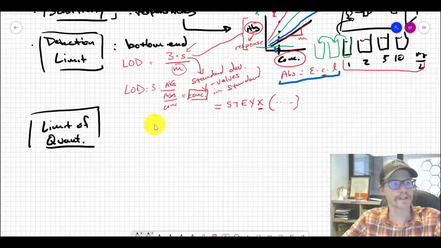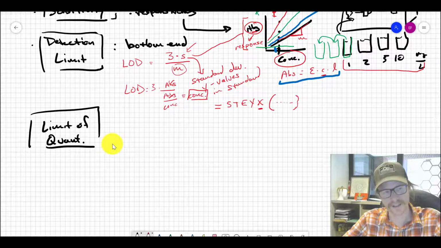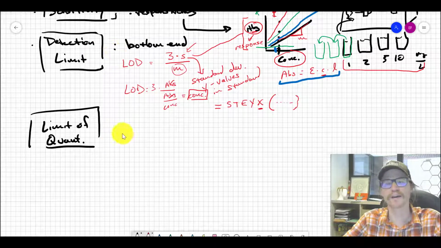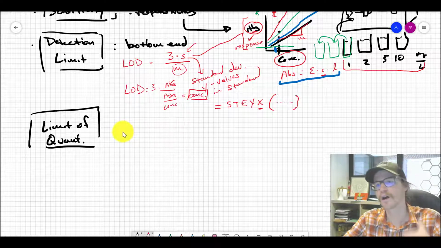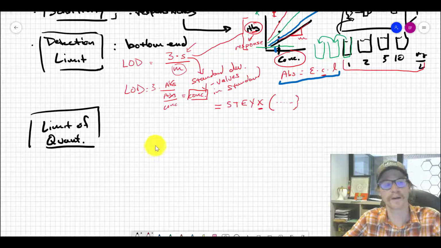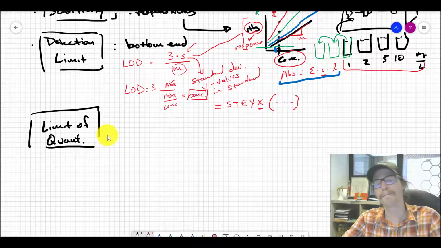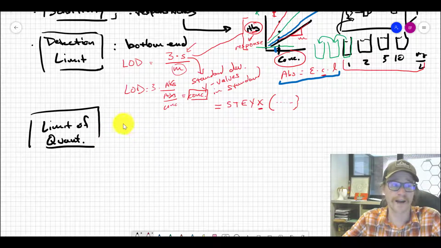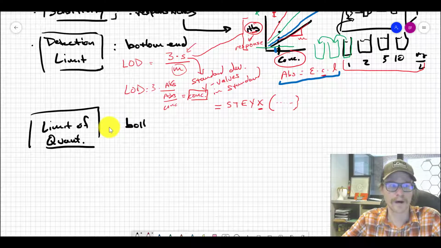Similar to the detection limit, we also have the limit of quantitation. Detection means that we are still seeing a signal above that value, but that signal may not be large enough that we're comfortable reporting it as a quantifiable value. We see it, it's a signal, but it may not even be linear at that point. The limit of quantitation is our bottom end where we can still quantify our analyte.